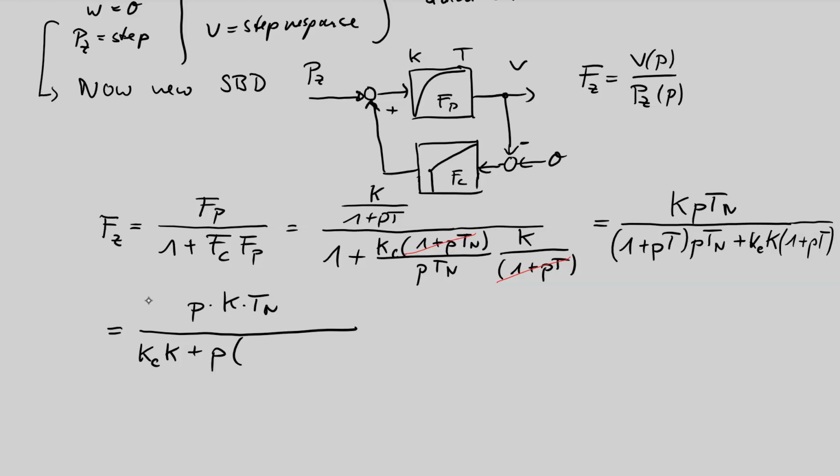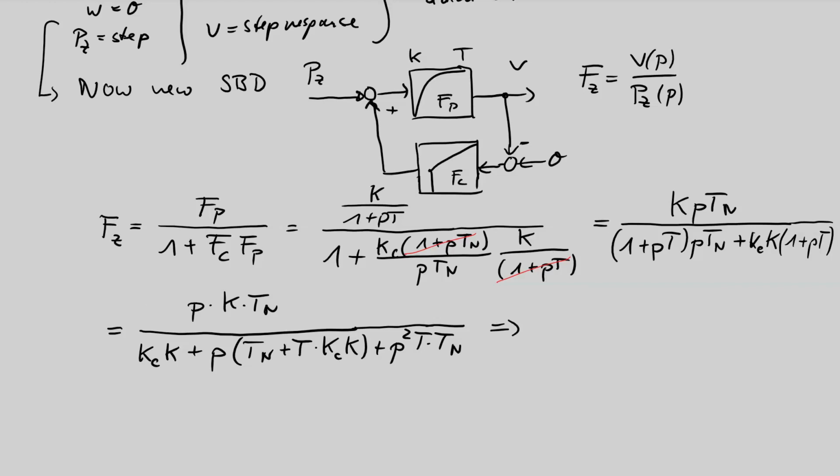P times tn coming from this position, and times t times kck plus t times kck, and finally plus p squared t times tn. So this is a second order function.